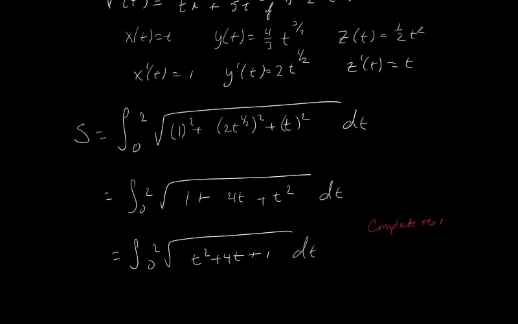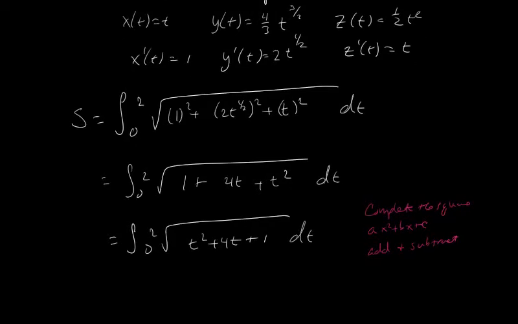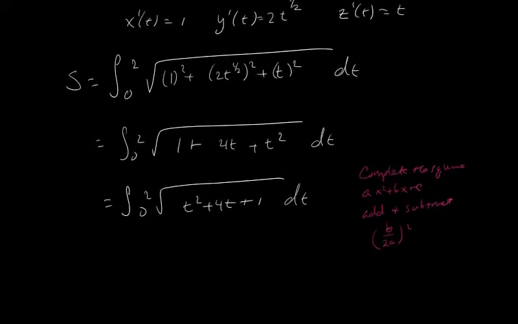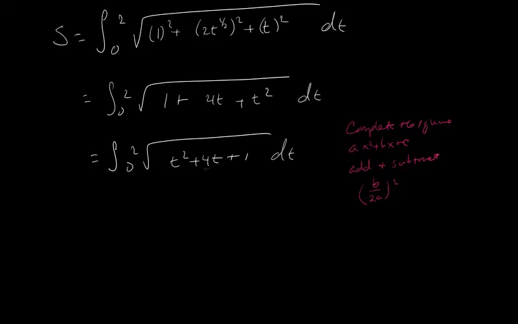We do need to complete the square here. Remember, given ax squared plus bx plus c, we add and subtract b over 2a squared, so we don't change any values. My b in this scenario is 4, so half of that squared is 4, so we add and subtract 4.